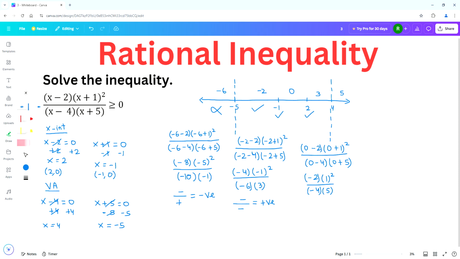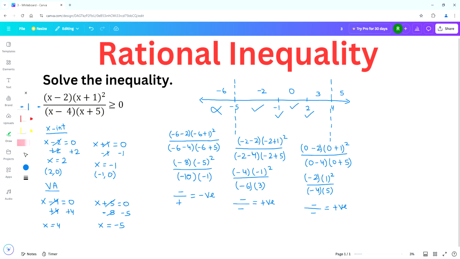Negative 2 times 1 gives us a negative result. In the denominator, negative 4 times 5 gives us a negative result. So the overall value will be positive. Therefore, the inequality is satisfied in the interval between negative 1 and 2.